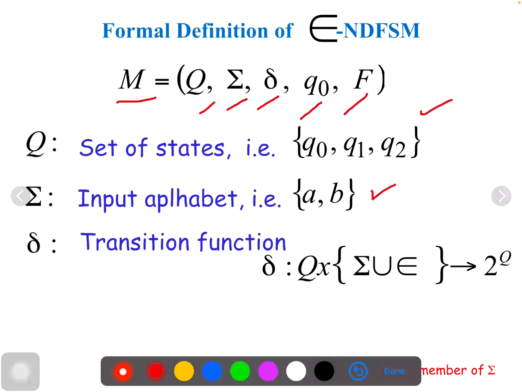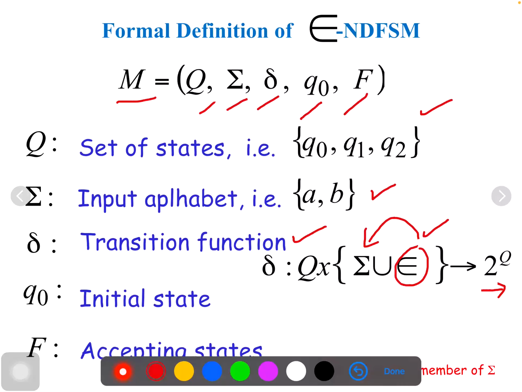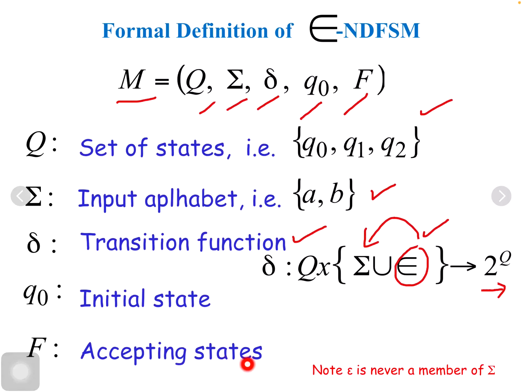Delta is the transition function, which you can write as Q cross (sigma union epsilon) leading to 2 power Q. But epsilon is not a member of sigma. q0 is the initial state, F is the set of accepting states.